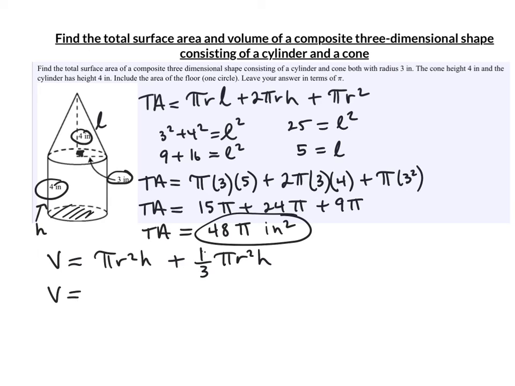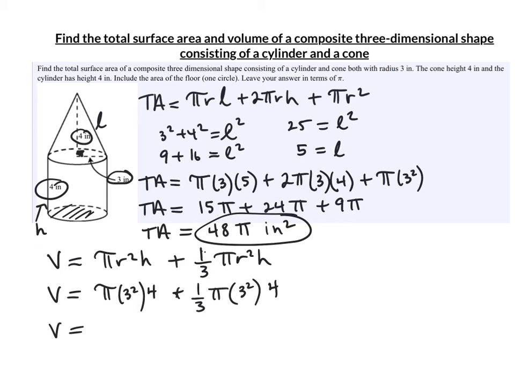So let's plug our numbers in. That's pi times 3 squared times the height of the cylinder, which is 4, plus 1/3 pi times the radius squared times the height of the cone, which is 4. So let's simplify.